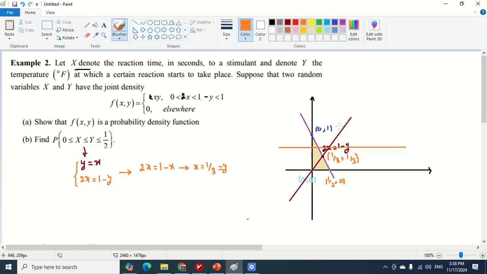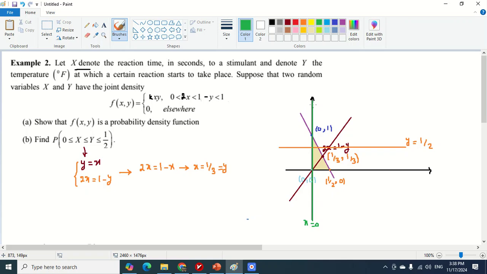Yes, we have y equal to half, and also x equal to 0 can be considered as a vertical line. This is x equal to 0, and let me put it over here.